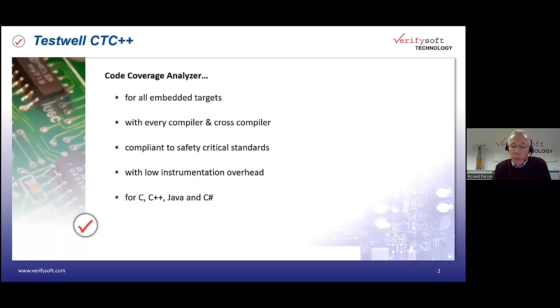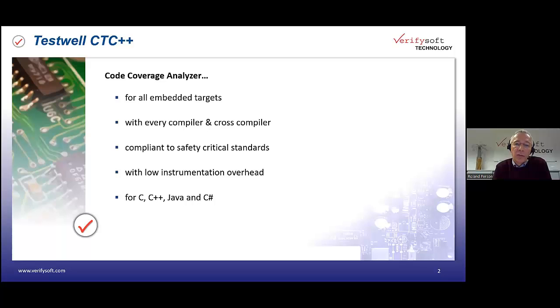It also comes with a qualification kit, because in some standards, as you heard from Martin already, you have to qualify your tools. You can do the qualification however you want, but having a qualification kit from the tool company makes it easier for you. This is an optional kit that you can purchase together with the tool or not.